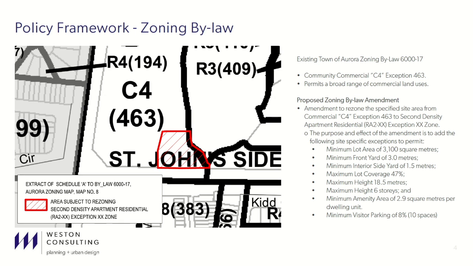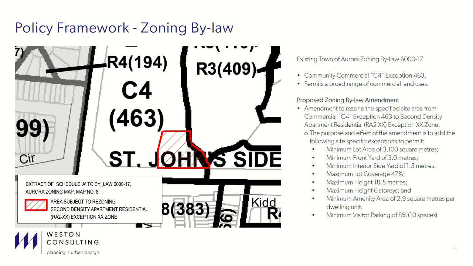In terms of zoning, as I mentioned a little earlier, the subject property is identified as Community Commercial 4, C4 exemption, which does not permit the requested residential apartment use or density. The proposed rezoning will permit an apartment building.